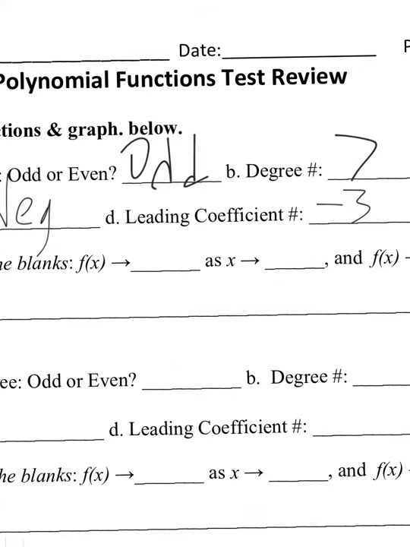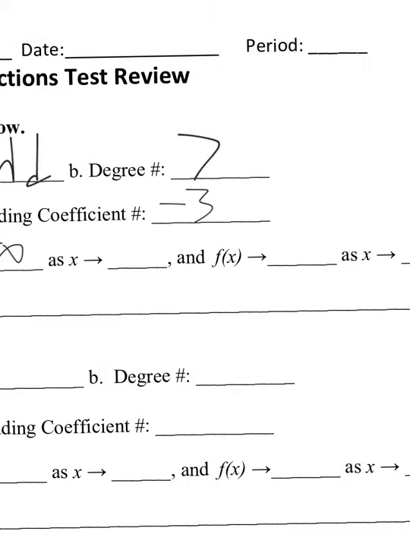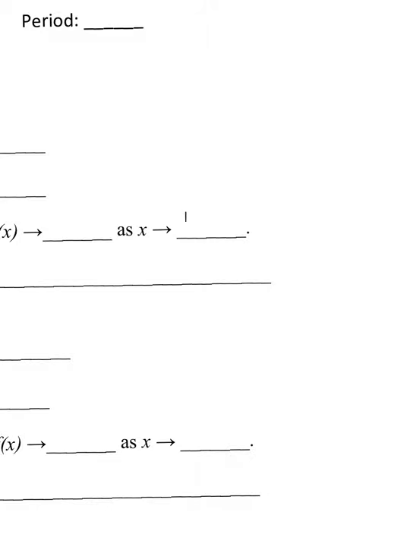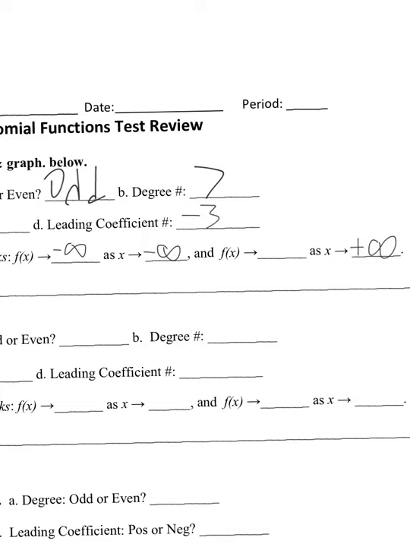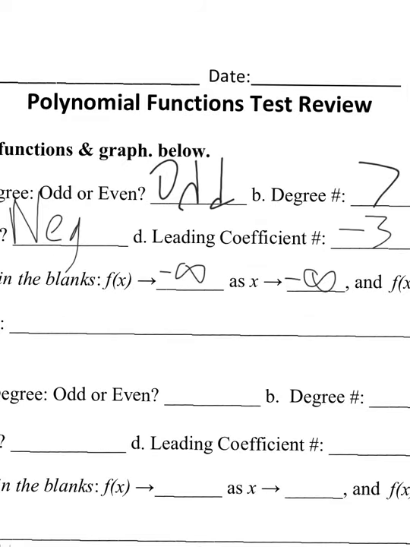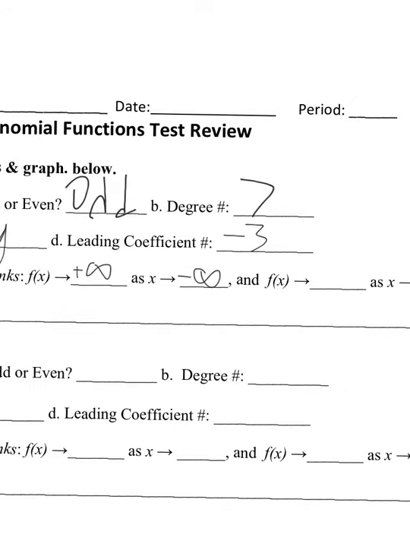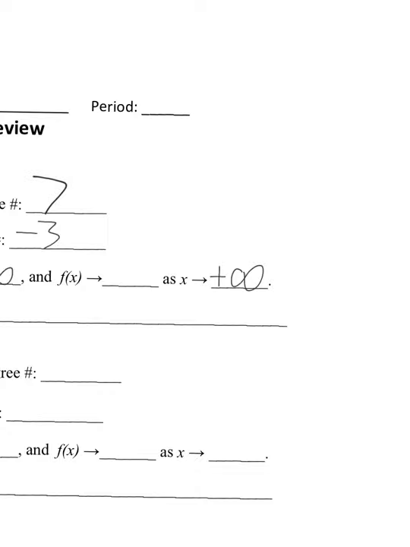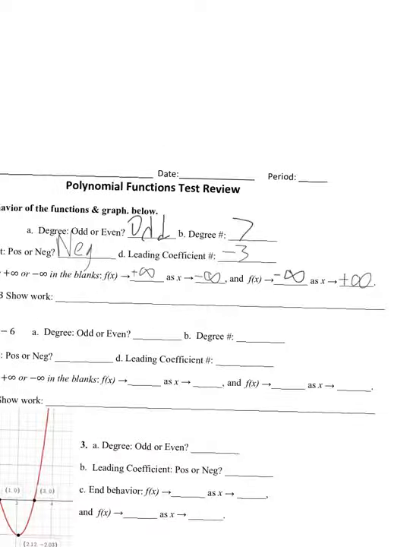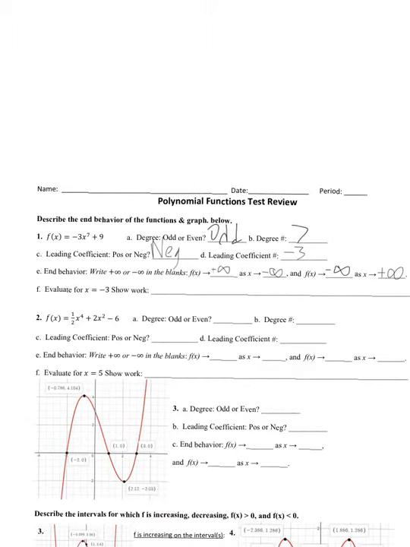So if it starts up high, f of x is -infinity, and then remember I told y'all these x blanks are always going to go -infinity, positive infinity, because it's left to right. So on the left side it's up, because it's odd negative. So odd negative starts up on the left side, and then it ends down on the right side. And you can graph it to check, but yeah, and that's it.